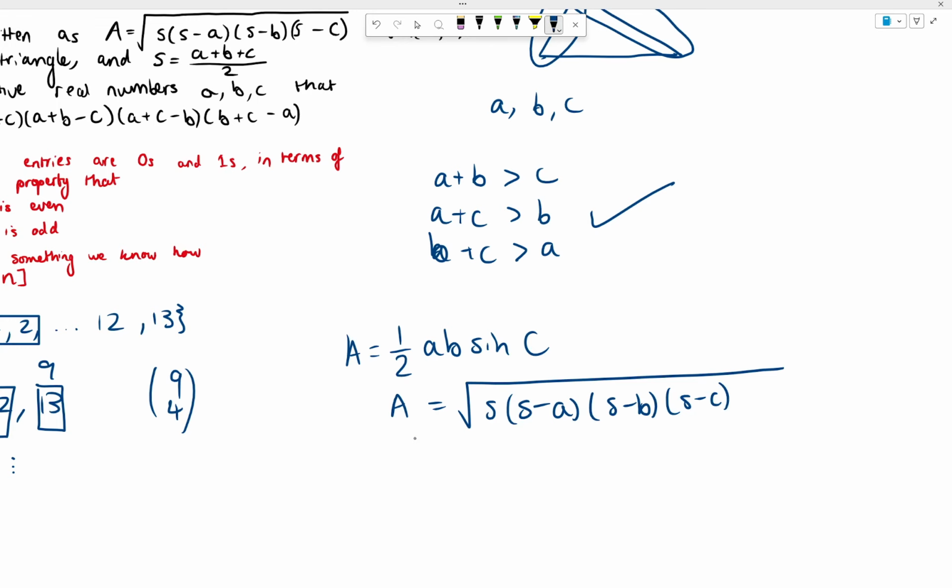That means A squared is equal to s times (s minus a) times (s minus b) times (s minus c).